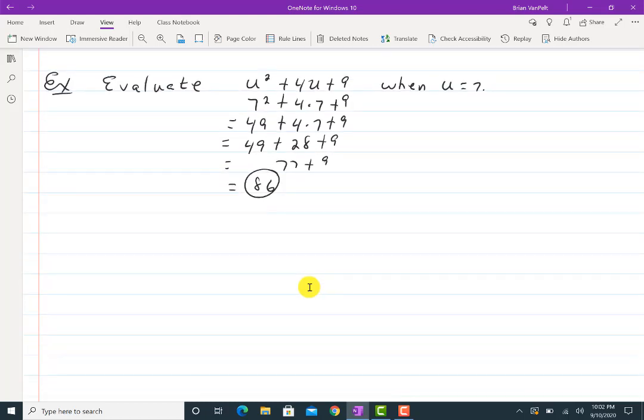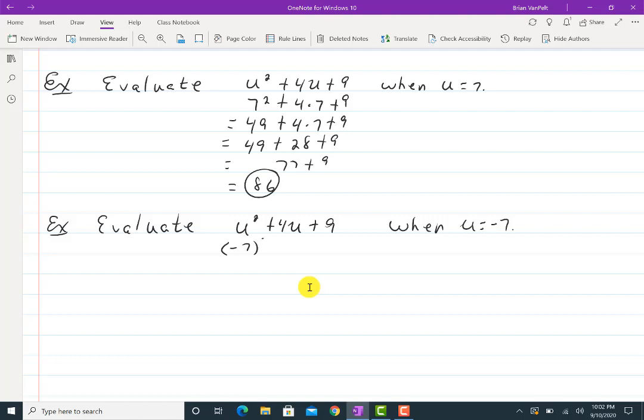Now, let me do the same example again. This time, I'm going to let u equal -7. So when I replace the u, I'm going to replace it with a -7 in parentheses. -7 to the second power is positive 49.